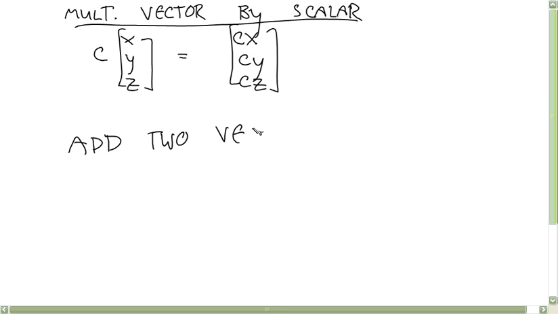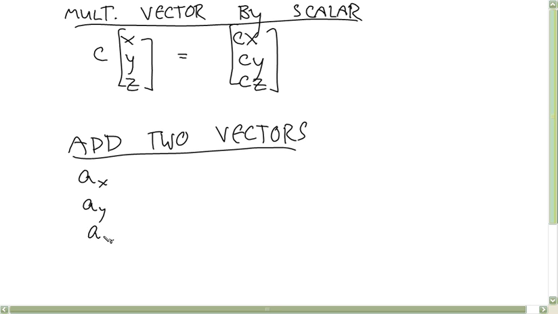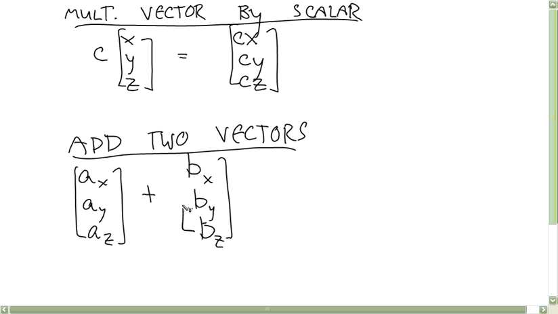To add two vectors, Ax, Ay, Az and add that to Bx, By, Bz, you just add the components.